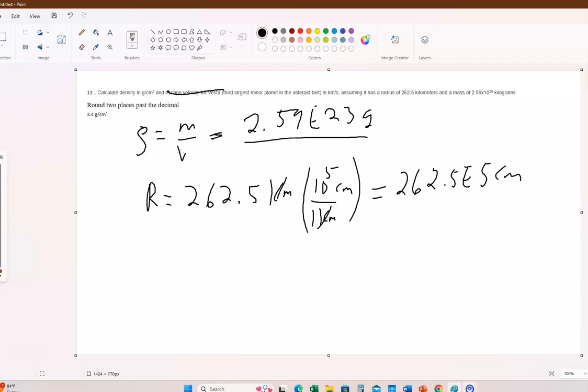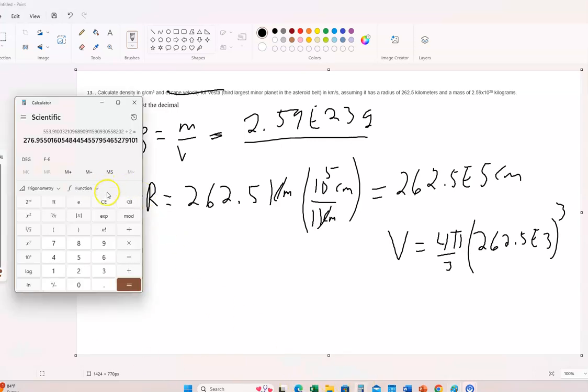And the volume of any sphere is 4 times pi divided by 3 times the radius, which is 262.5 times 10 to the third, but I've got to cube that. So that's pretty much what the problem is about. Let's clear this.